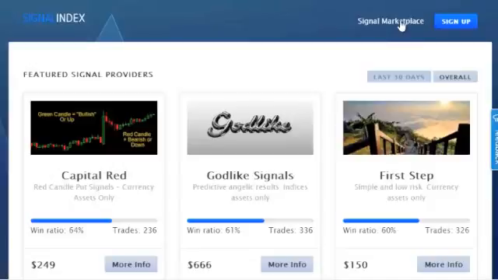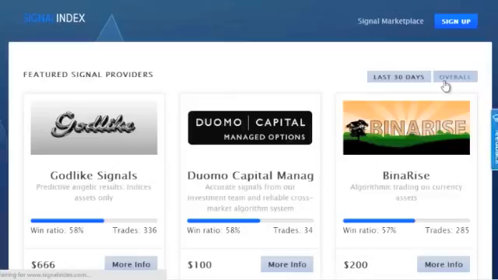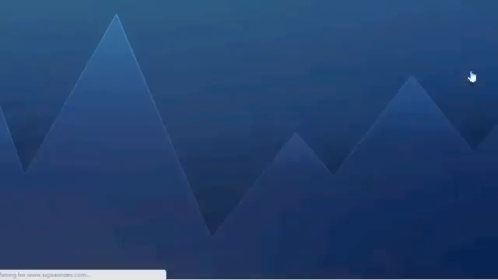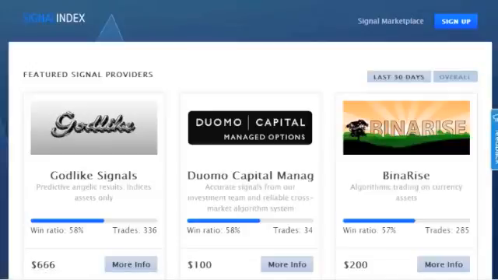Their marketplace is available for you to review without having to sign up. So if we see here, just like with Signal Push, they list the overall results from when they started and the last 30 days. So you can look at the different providers and see how they're doing overall.